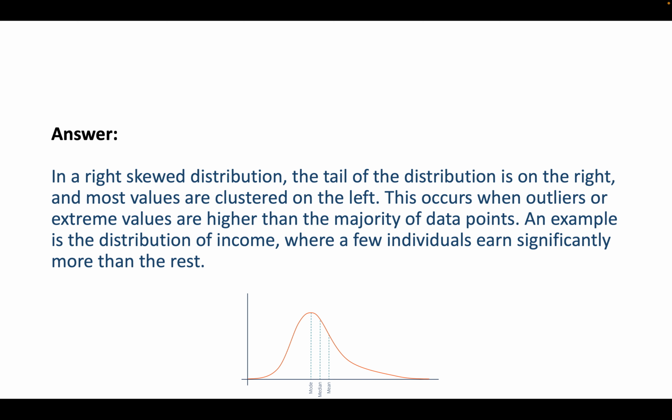An example is a distribution of income where a few individuals earn significantly more than the rest. Also, here in the picture, it shows the right-skewed distribution always has a greater mean than median, because the mean always follows the extreme values.